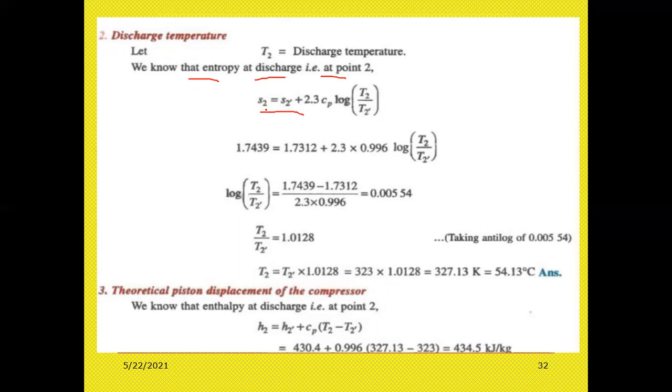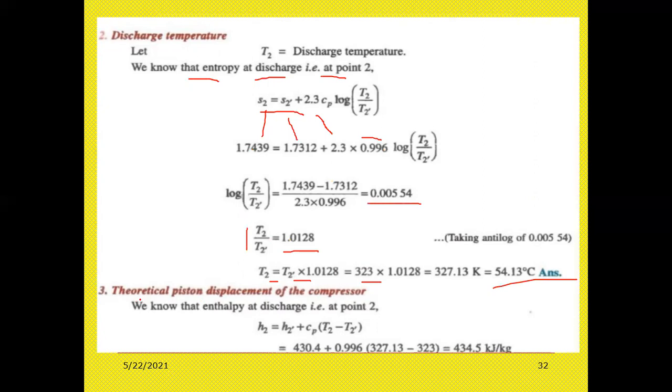Substituting the S2 value, S2 dash value, 2.3 into Cp 0.996 log T2 by T2 dash, we get the value 0.00554. Therefore T2 by T2 dash is equal to 1.0128. Now T2 is equal to T2 dash into 1.0128. We know T2 dash is 223, which is equal to 54.13 degrees centigrade.